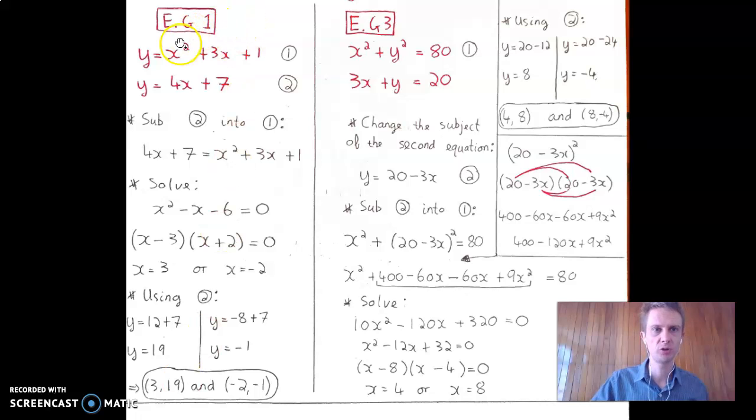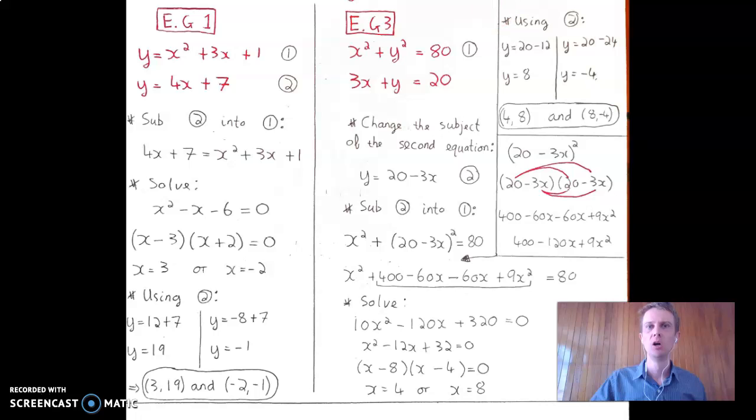I'll show you a little trick for doing that on your calculator a little bit later. And if x is negative 2, x squared, negative 2 squared is positive 4. 3x, 3 lots of negative 2 is negative 6. 4 minus 6 is negative 2, plus 1 is negative 1. That's how we know it definitely works.